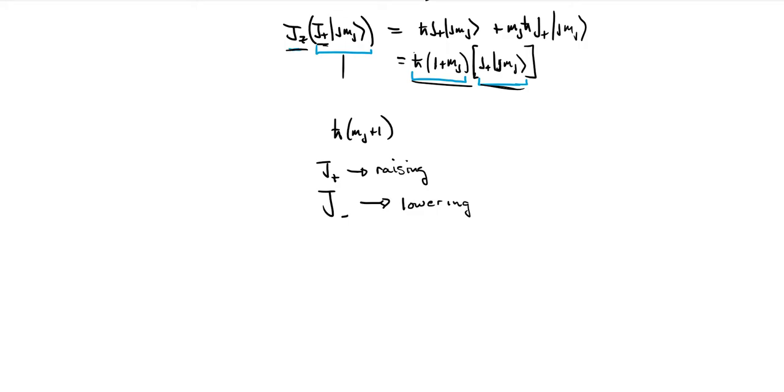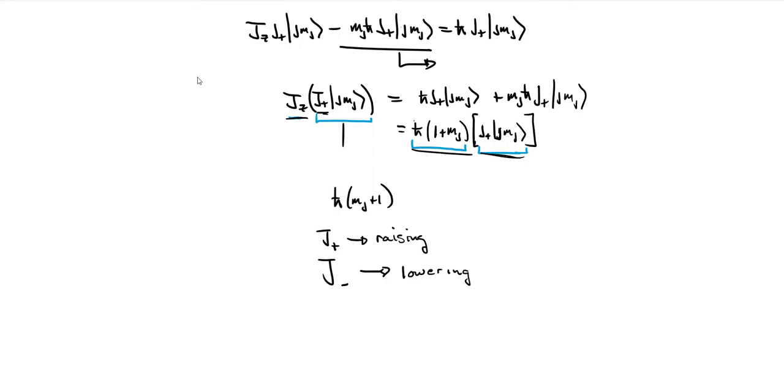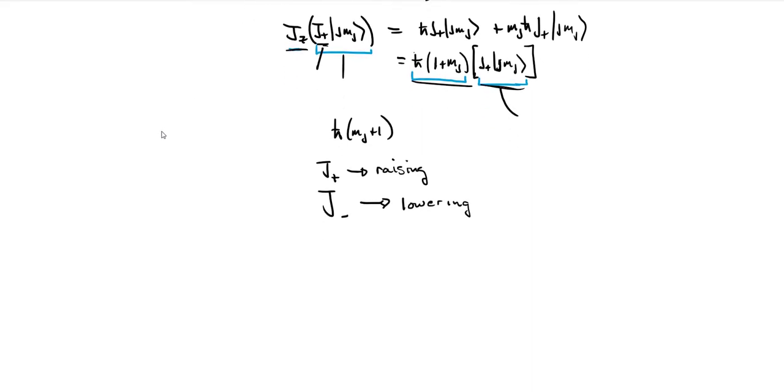The only piece that's missing to do this is the normalization factor. What we've shown here is that this J_+ operator produces a ket that's proportional to the state one higher in that manifold, but it doesn't necessarily preserve normalization.